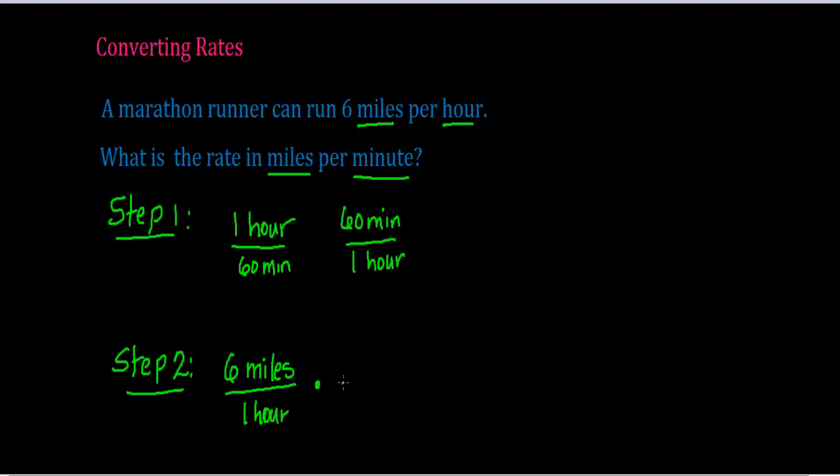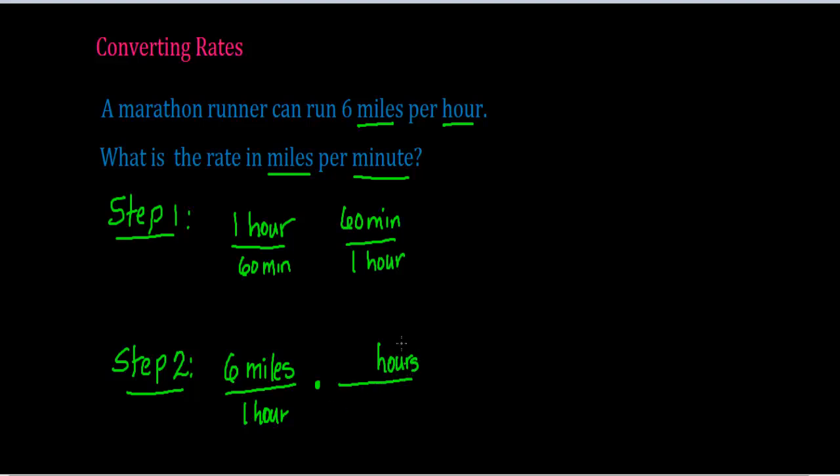Now, like I was saying, I want to cancel hours because I want to change hours to minutes. So I need to cancel hours. Remember, we can cancel words. If I have a word in the denominator, I can cancel it with that same word in the numerator. So I need hours to be in the numerator in order for me to cancel. So hour.